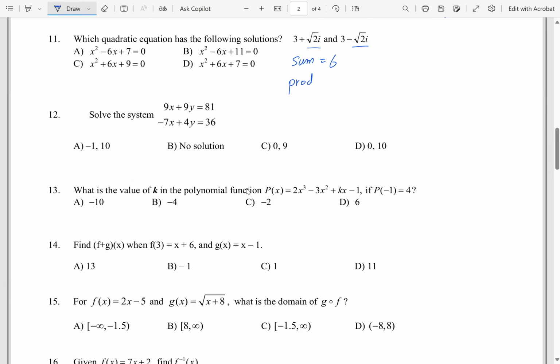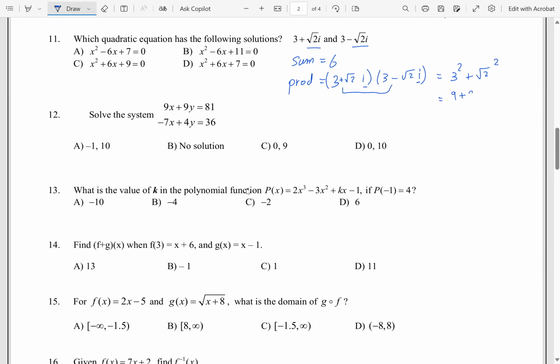The product of the two roots, 3 plus root 2i into 3 minus root 2i, is simply 3 squared plus root 2 squared. Plus, because negative times positive is negative and i squared is -1, so the final answer is positive root 2 squared.